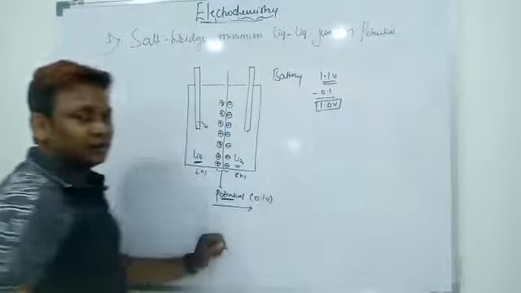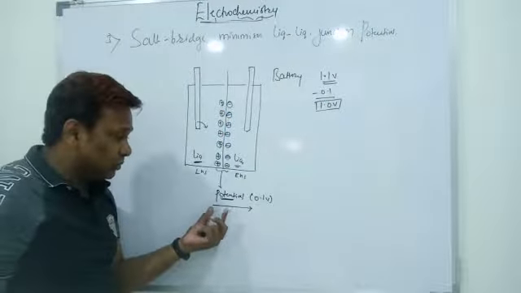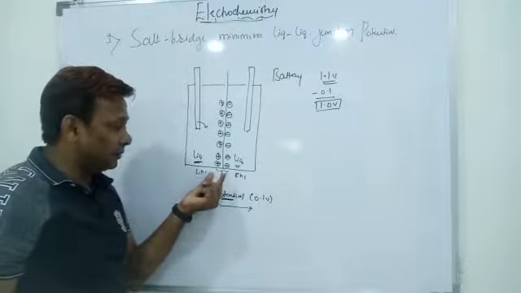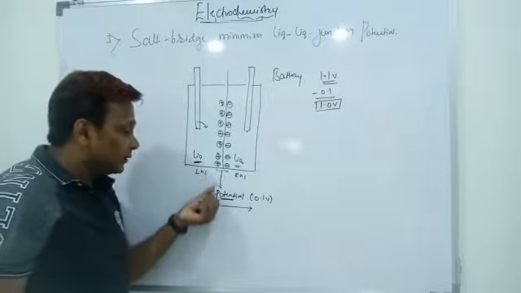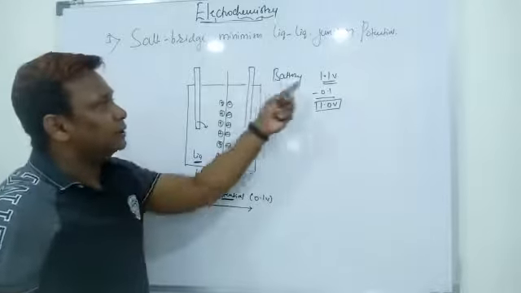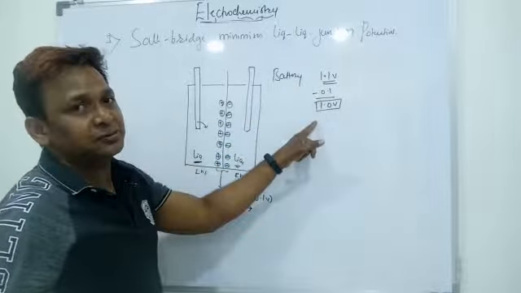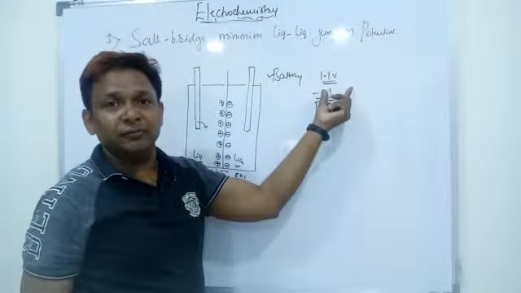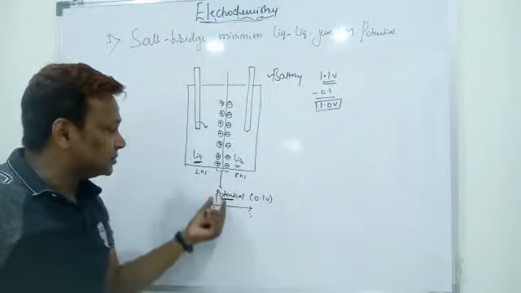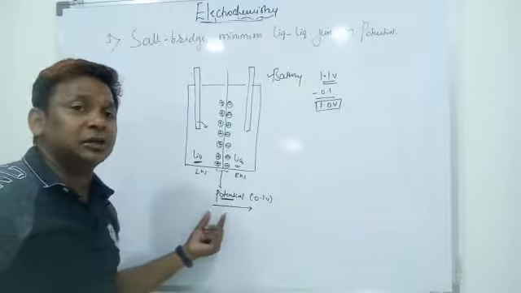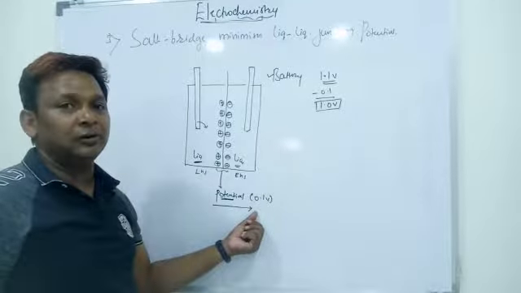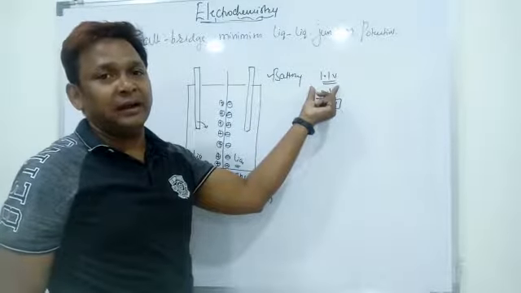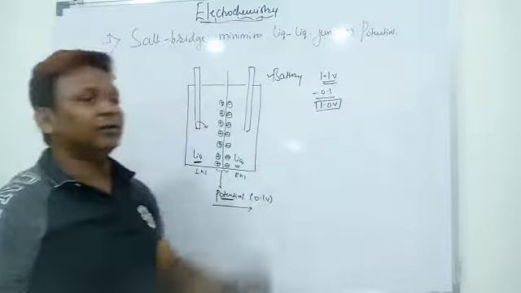So due to the potential developed between these two liquids, the actual potential of the battery was reduced. What is the actual potential of the battery? We know it is 1.1 volt. But due to this charge separation, it created a potential of 0.1 volt, so it reduces the actual potential of the battery from 1.1 volt to 1 volt.